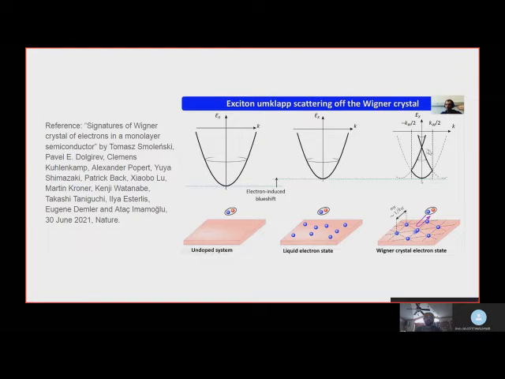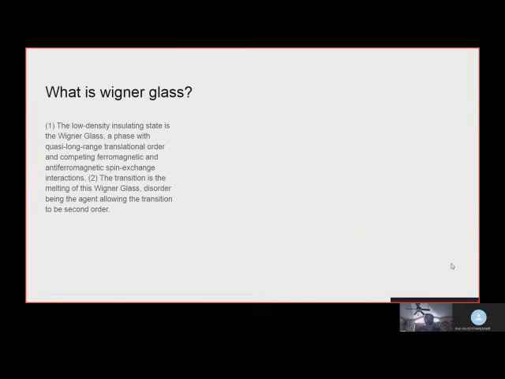So I wanted to show this undoped system here. Liquid electron state, Wigner crystal electron state, closed. So, exciton scattering off the Wigner crystal. What is a Wigner glass?